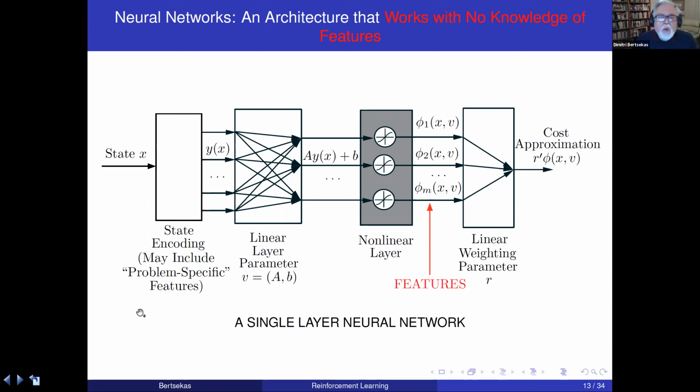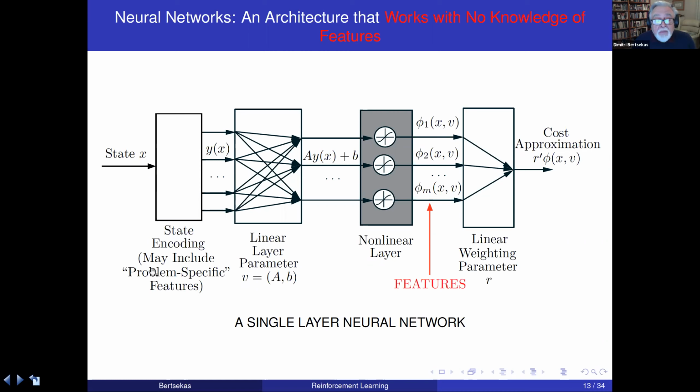So remember that what we want in a cost approximation architecture is, given a state, to obtain a cost approximation. And the way we do this with a neural network, a single layer neural network, a simpler version of a neural network, is we first take the state and we encode it into some function y sub x so that y sub x is suitable as input to the neural network.